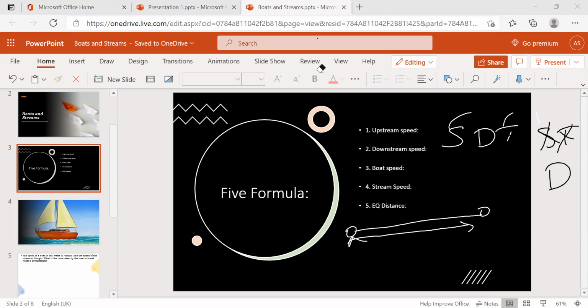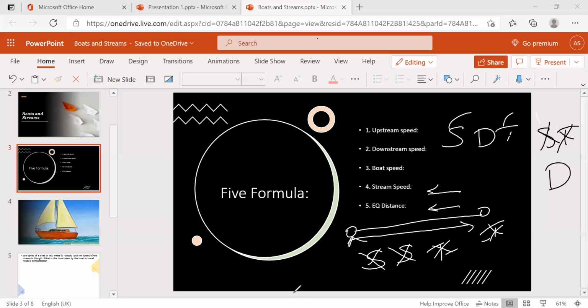My speed is less compared to downstream. If I am returning from there, my speed and the river speed add up. So both speeds are not equal, right? And time: while going, it takes much time to reach the destination, and while coming back, it takes less time. So time is also not the same.